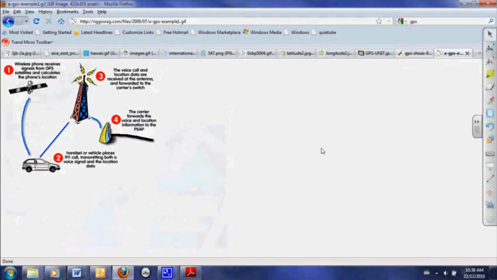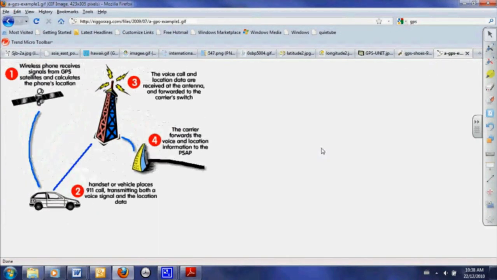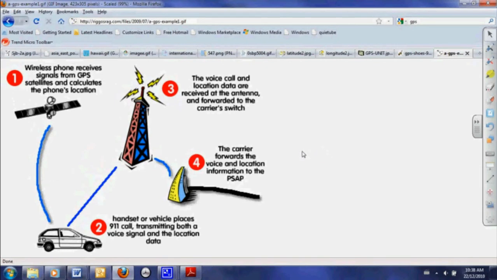Now, how does that GPS work? Well, this diagram explains it quite nicely. You have your satellite. It sends a signal to either your phone or your car. Like I know our car has GPS, and so does our truck. And it receives a signal from the satellite.